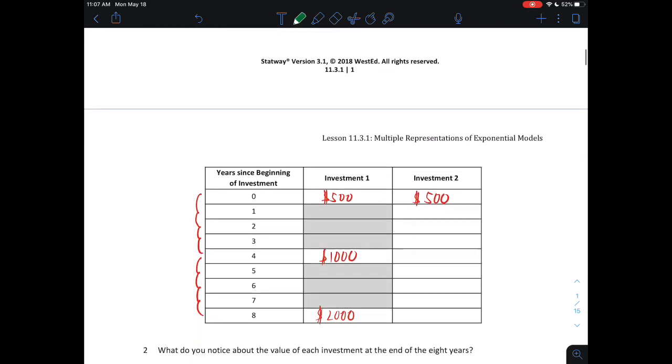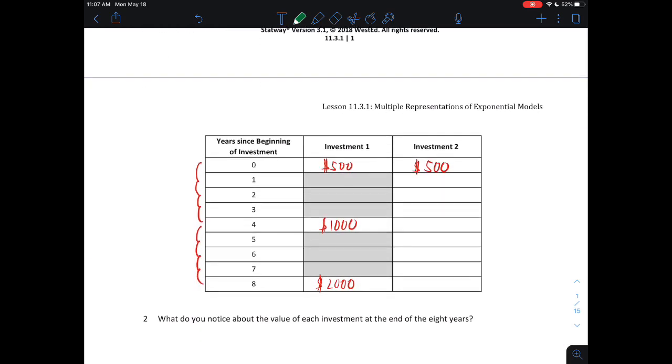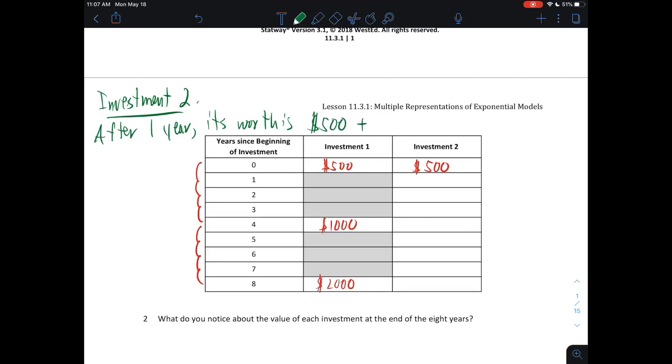So if we wanted to find how much this investment is worth after 1 year, investment 2, after 1 year, its worth is $500 plus 18.92% of $500.